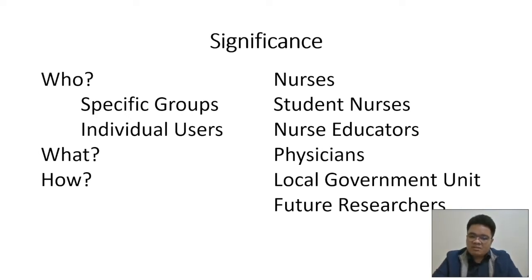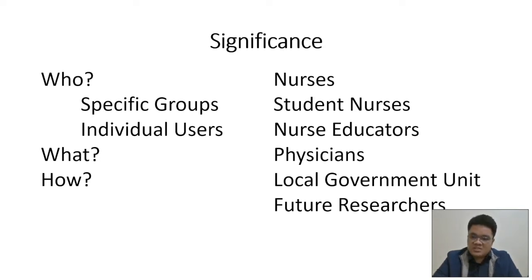So, through the findings of the research, the nurses will be able to formulate a nursing care plan that will help them to manage the patients who are at risk for having bed sores or decubitus ulcer. And how? Through the findings of this research, they will be able to have specific interventions that are evidence-based.